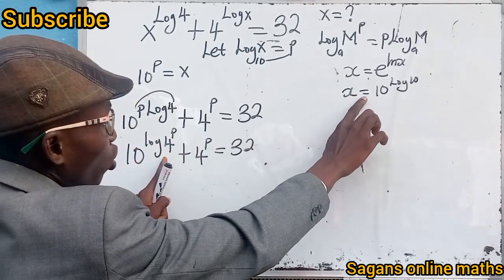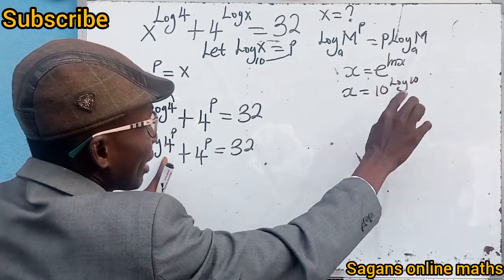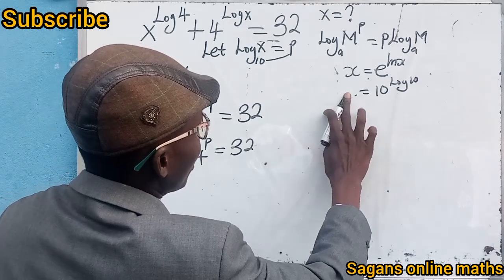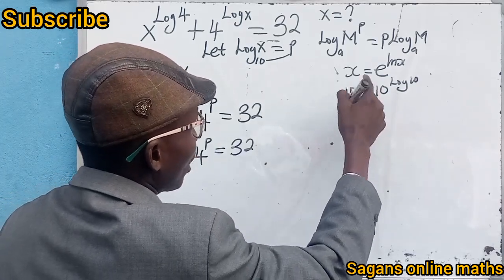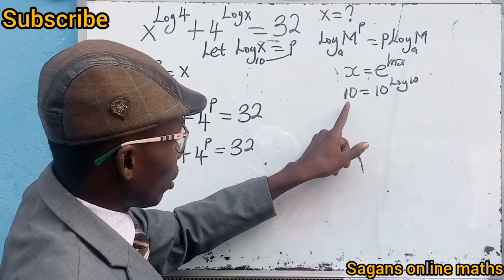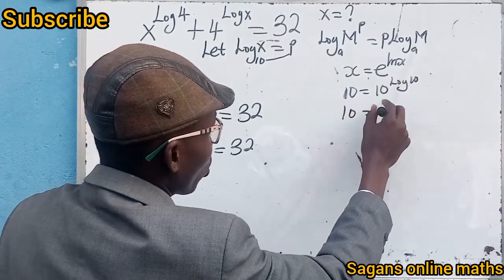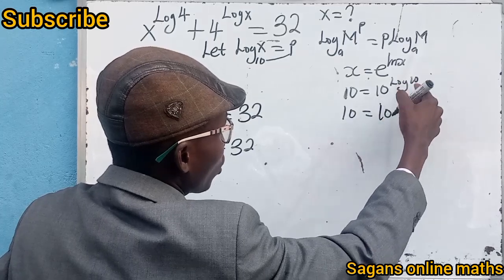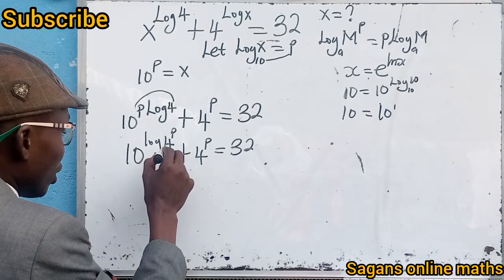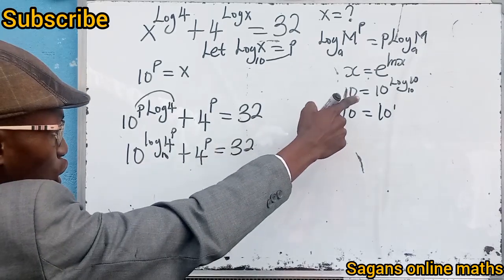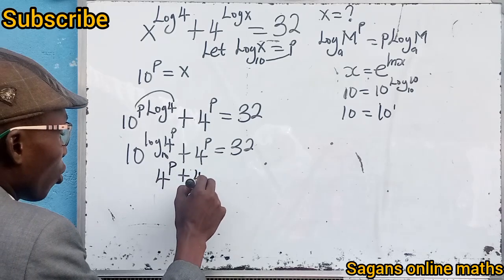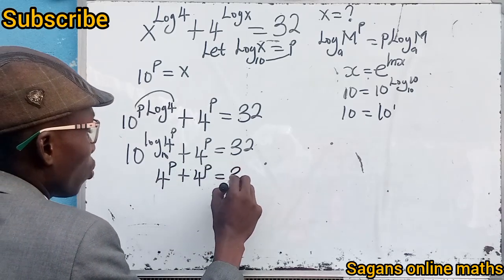Because 10 is equal to 10 raised to the power of log 10, and log of any number to its own base is 1, here we have 1. So if we obey this law of logarithms, here we just become 4 raised to the power of p plus 4 raised to the power of p equals 32.